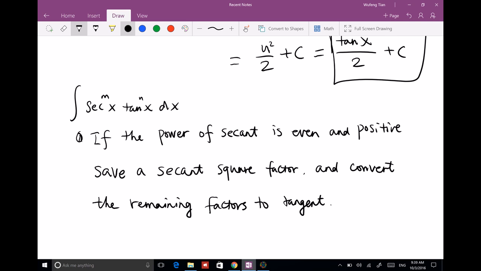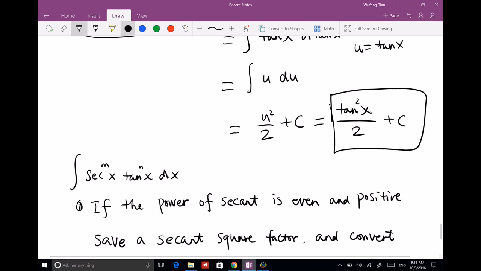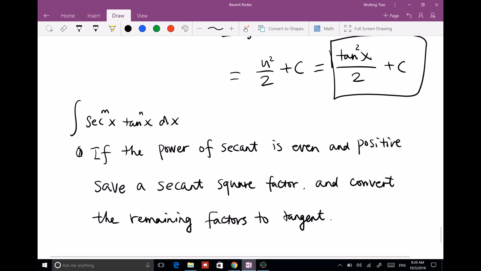That's what I would do. Okay, so this is the example of that. Because the secant is even, we just take that even power into tangent. The rest is fine.